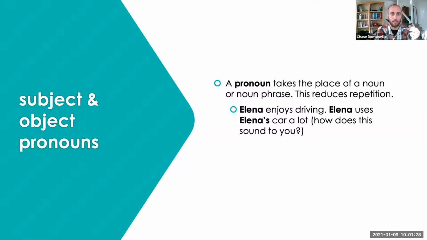Bad, hopefully. Too many Elenas. This is why we use pronouns. Pronouns make it sound better. So it's better to say, Elena enjoys driving. She uses her car a lot. This is why we use pronouns, to avoid repeating the name over and over.